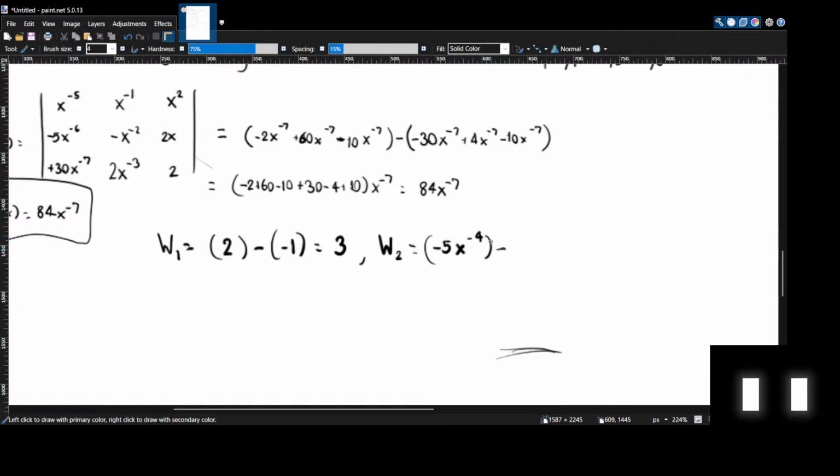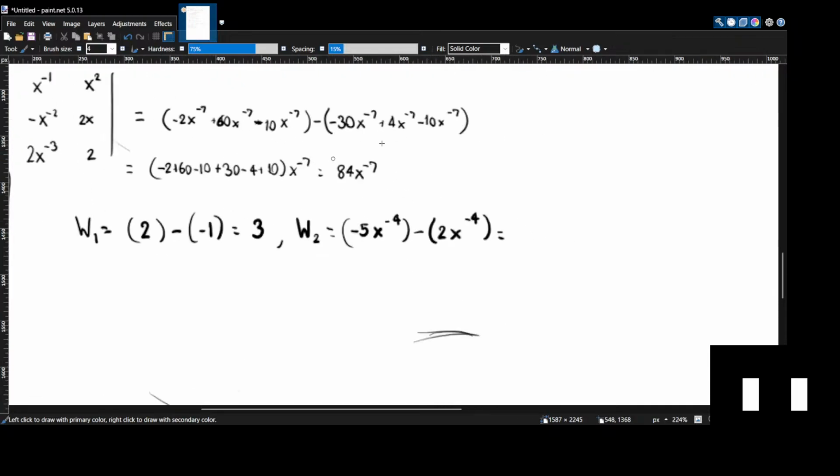And you subtract that by the up diagonal. So 2x to the negative 3, this actually turns into 1. So this goes to 2, and then this goes to x to the negative 5. So this becomes 2x to the negative 4, which gives us negative 7x to the negative 8.